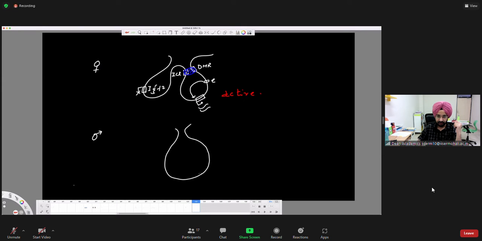Your H19 is here, silent, because the upstream region is methylated. Now you have your enhancer over here and the IGF2 gene here, and this is being transcribed, because the enhancer is accessing it. There is no CTCF binding. So it happens through looping, again specific looping.